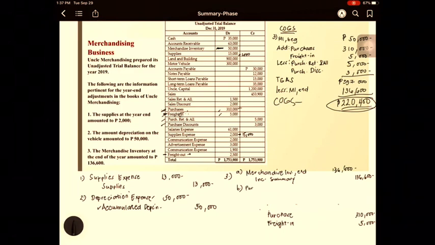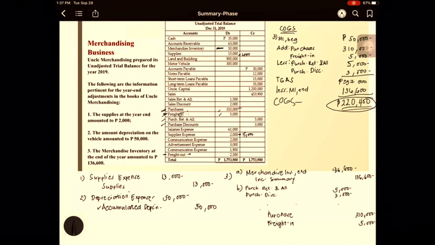So you have your purchase returns and allowances, debit for the amount of 5,000. And next you have your purchase discounts. Originally they are credited, therefore to close them we have to debit your purchase discounts now, for the amount of 3,000 pesos.